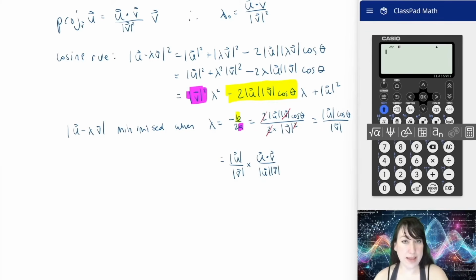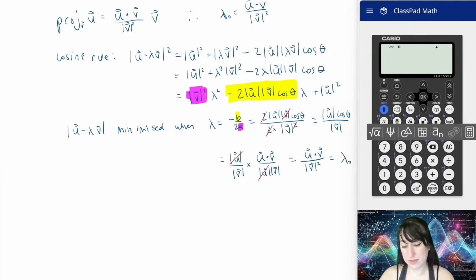Now, the lengths of u will cancel. So we get u dot v over the length of v squared, which, remember, is lambda naught. So that proves that lambda naught, as in the scalar multiple of v that is the projection of u onto v, minimizes the length or the distance from the end of u to the vector v.